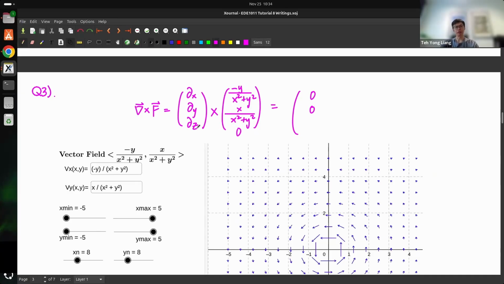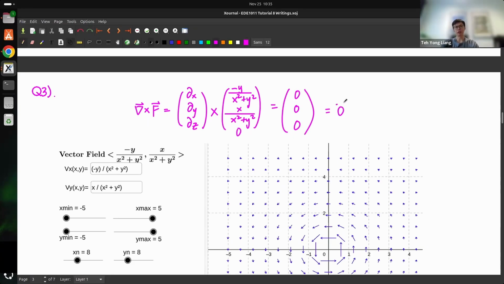Then if you cover the last row, because you want to get the last component, and you take the cross product of the top two rows, you are also going to get 0. This one I leave you to check. So you get the 0 vector.